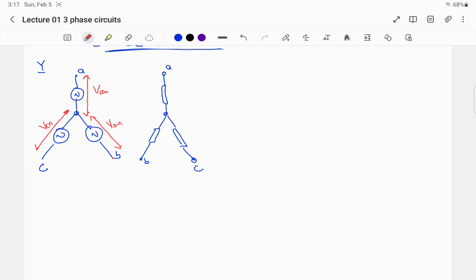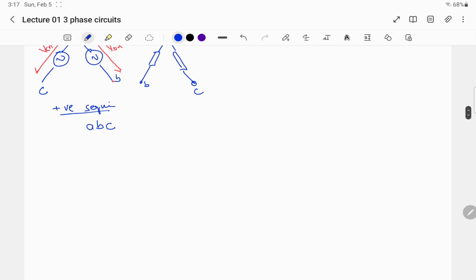Now this can be a positive sequence source or a negative sequence source. For being a positive sequence source, it means that it is ABC sequence.